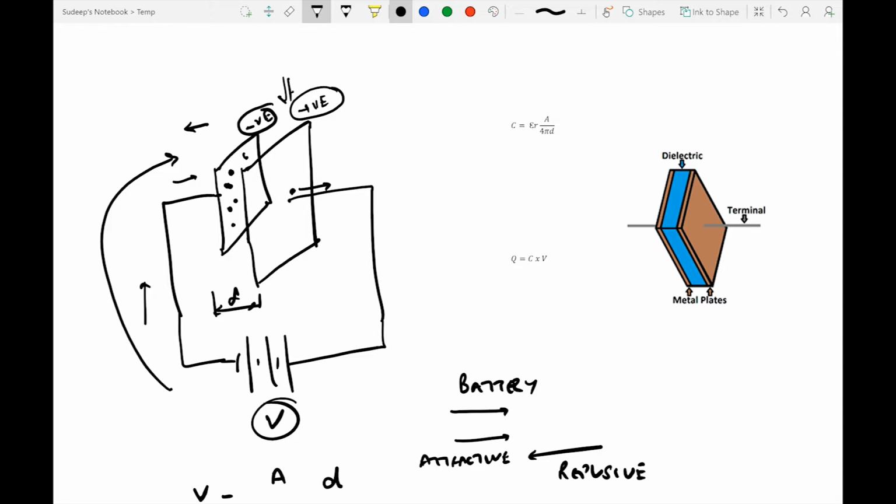insert another item into the picture, which is the dielectric material. The dielectric material is something which is polarized in a sense. So what happens is, in between the plates, each molecule of this material would align itself such that the positive of the molecule faces the negative plate, and the negative faces the positive plate.